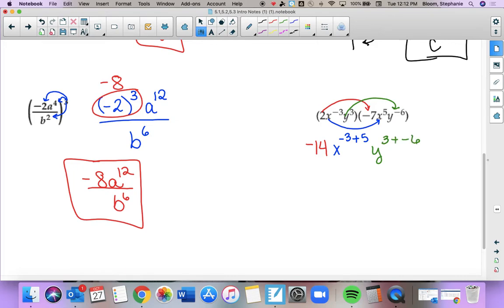Find somebody around you and do all 3 so you can check all 3. Just make sure you check with somebody.